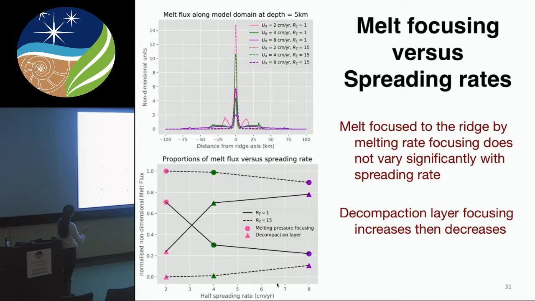And then anything that's in this peak is because of melting pressure focusing. And so what you can see when I plot the average of those is that for the higher bulk viscosity constants, melt is dominantly focused by this melting pressure focusing. Whereas for a lower bulk viscosity constant, you have a switch after about 3 centimeters per year of which one is more dominant.